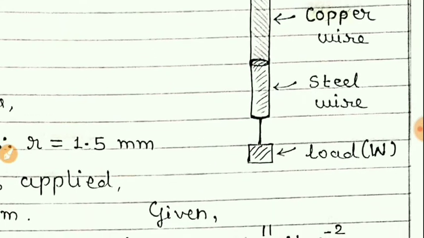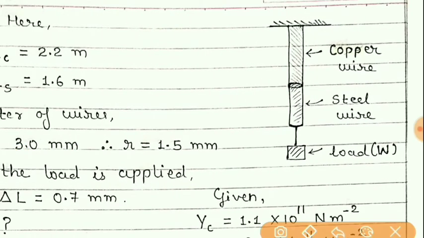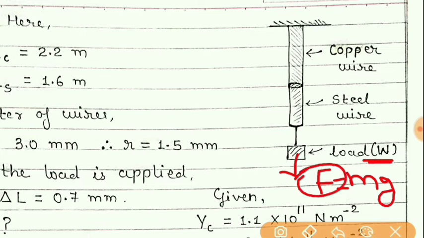Now what happens due to this load? A force mg is produced. We call that the weight, and due to this force, what will happen? The length of this copper wire will increase, as well as the steel wire, and so there will be an increase in the total length.